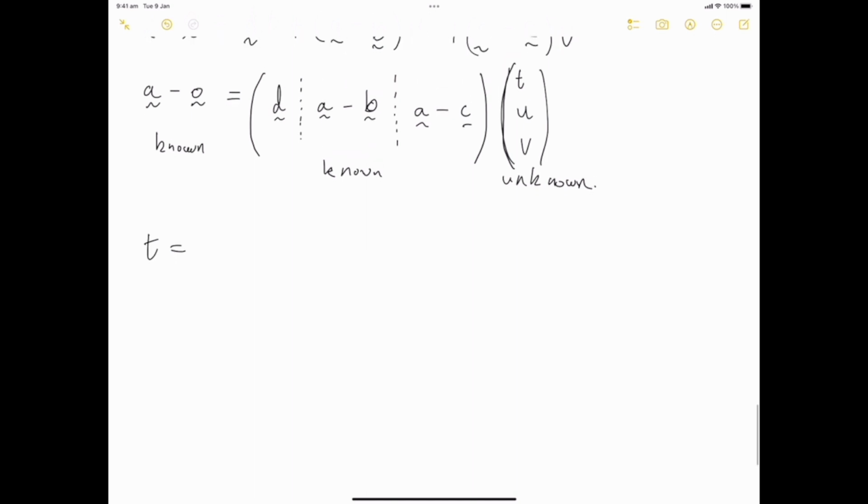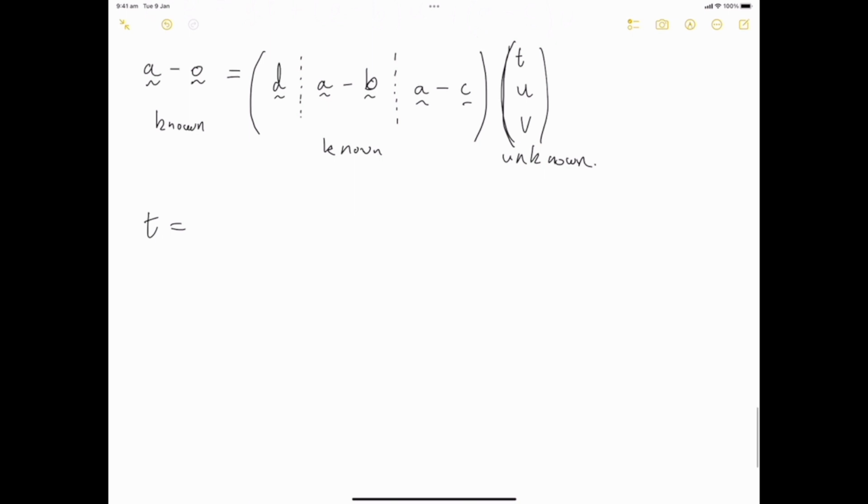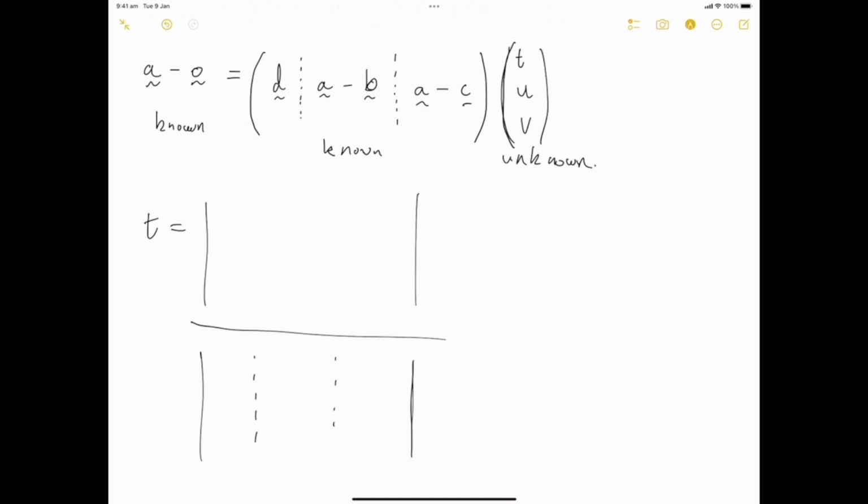It only really works up to 4-dimensional systems, then it becomes untenable. What we do is solve this by a quotient of determinants. I have a determinant of a 3 by 3 on the top and bottom. On the bottom, it's always the original matrix, with the columns D, A minus B, and A minus C.